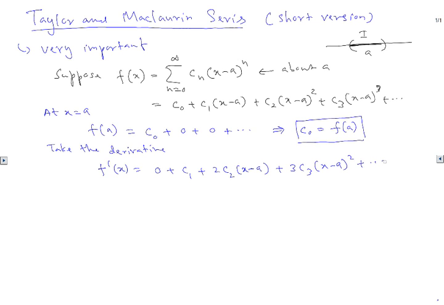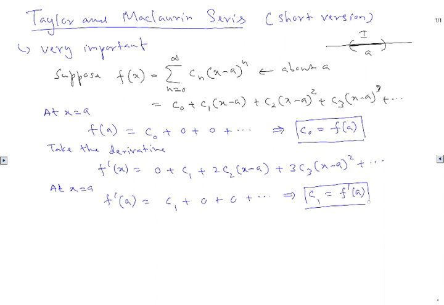Now we plug in a. At x equals a, we have f prime of a. You get c1 plus, when you plug in a, everything else is going to be 0. So c1 equals f prime of a.